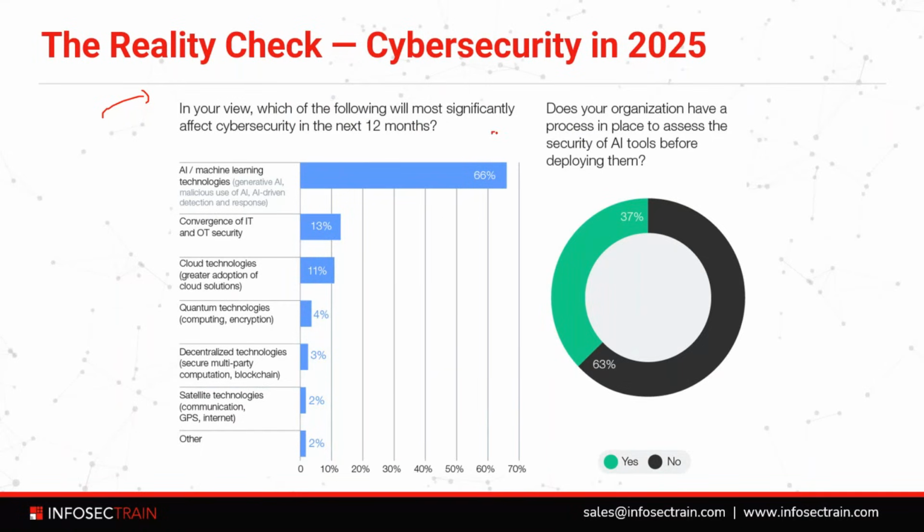This one was done in 2025. And you can see at number one we have AI and machine learning technologies, right? Generative AI, malicious use of AI, AI-driven detection and response. So you can see how AI is acting as a disruptor in this field, right?